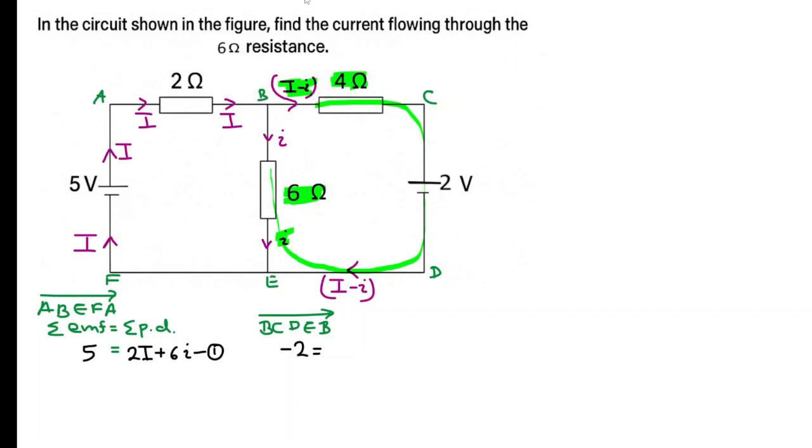So let's write this down. 4I minus i minus 6i. Let's simplify this further. -2 is equal to 4 capital I, 4 times negative lowercase i, that's negative 10 lowercase i.